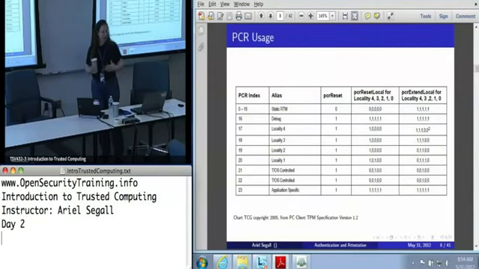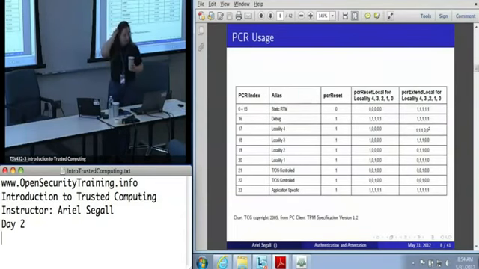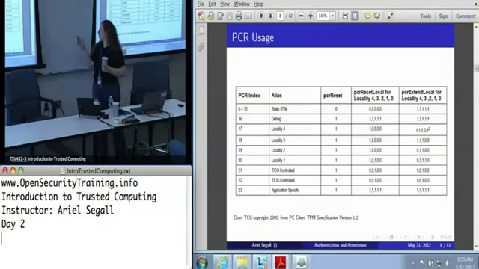Then we have various tiers of permissions for what is allowed to extend them again. And locality 4 will always extend PCR 17 with its own measurements and the measurement of locality 3, and then 18 and 19 are, technically they call this locality 3 versus locality 2, but you will note locality 2 and locality 3 can extend both of these. I don't know why they decided to name some of these things what they did, because really, most of those names are nonsense.